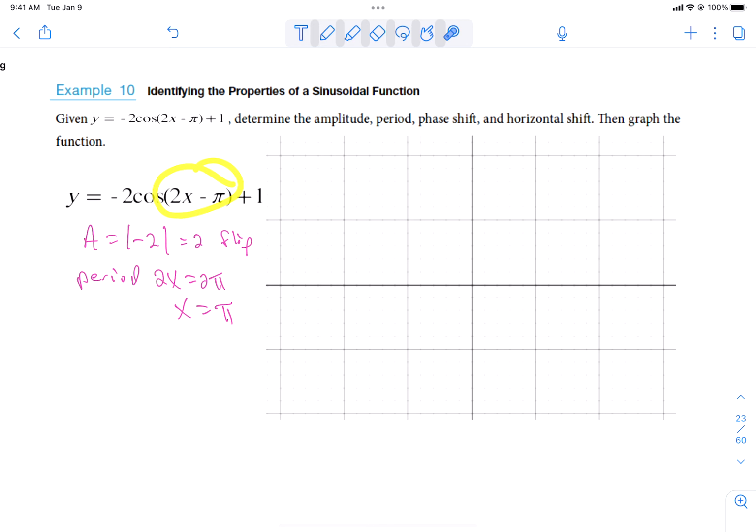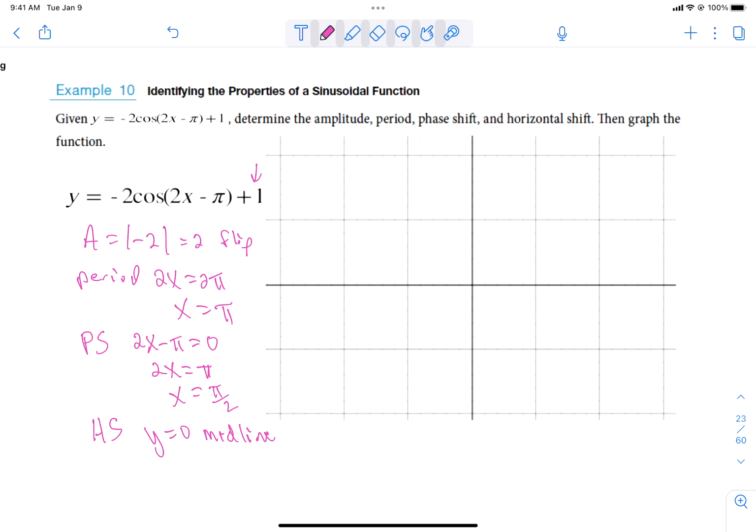We're going to set the whole parenthesis equal to 0 to find our phase shift, and solve. Our phase shift is pi over 2, so that's to the right. Horizontal shift is this value right here. It's y equals 1, which is our midline.